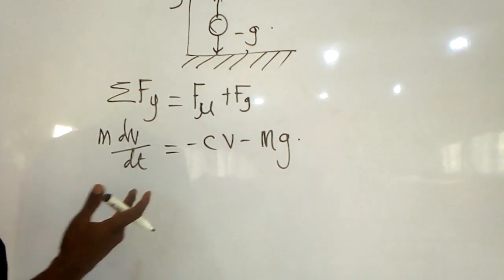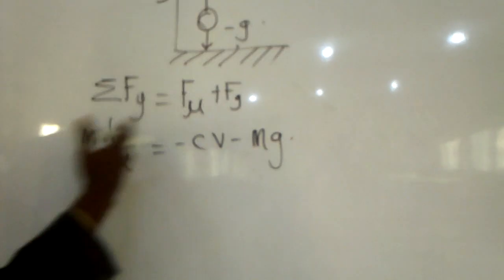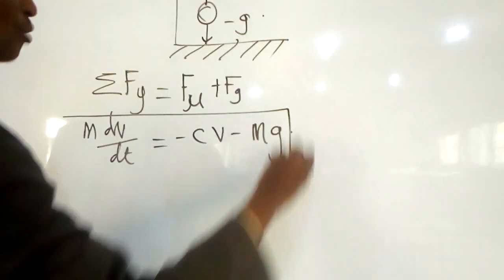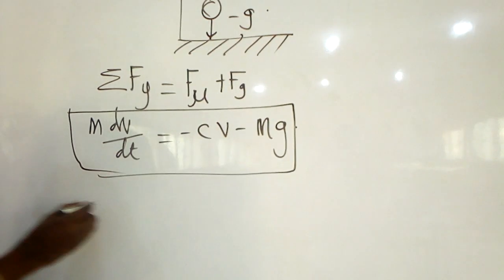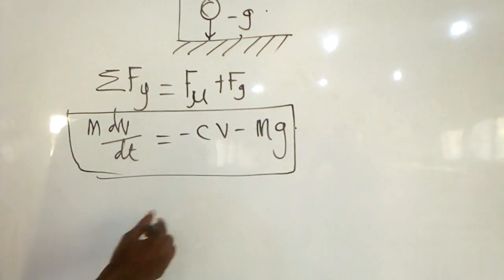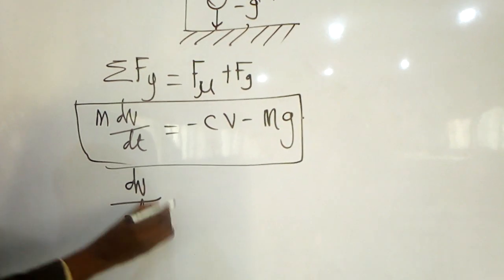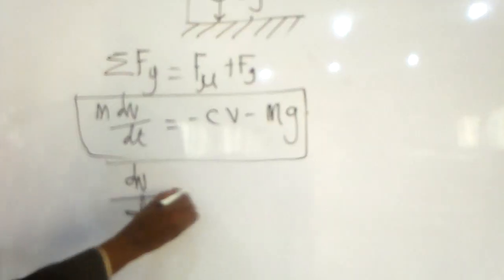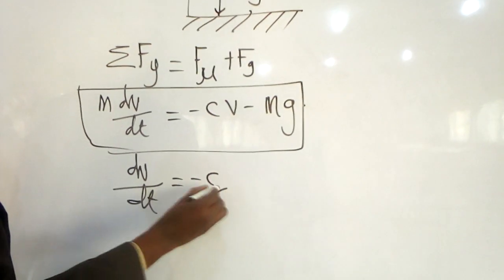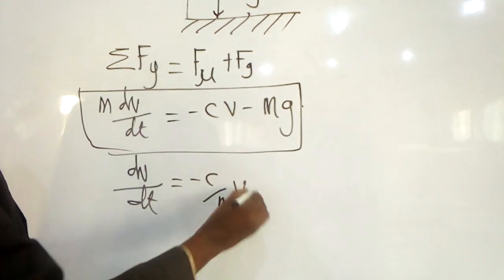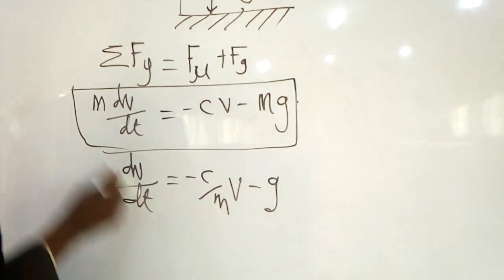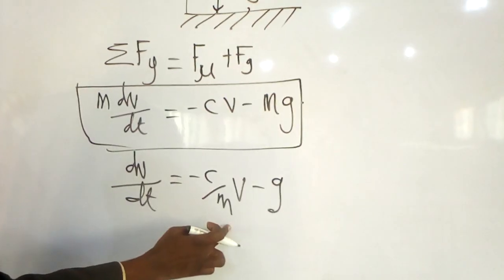Now in mechanics and properties of matter, basically this relationship exists, and we are going to transform this first order model to a typical first order linear differential equation, which is dV/dt equal to minus c over m v minus g, as we are dividing through by m.